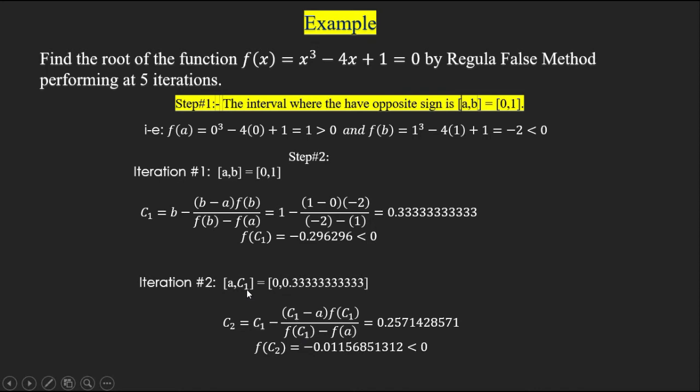Now the function is less than 0 at C1, so we will replace the value of C1 by 0.257142857. And by substituting this value in this function, we will get less than 0 value at f(C2). So the subinterval of this interval will be A comma C2.